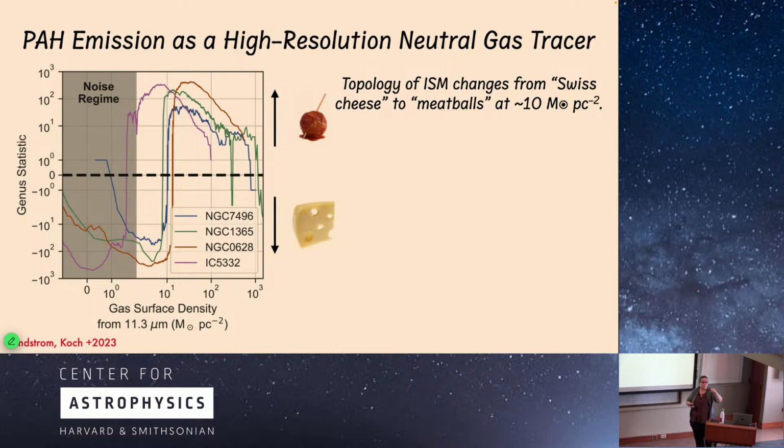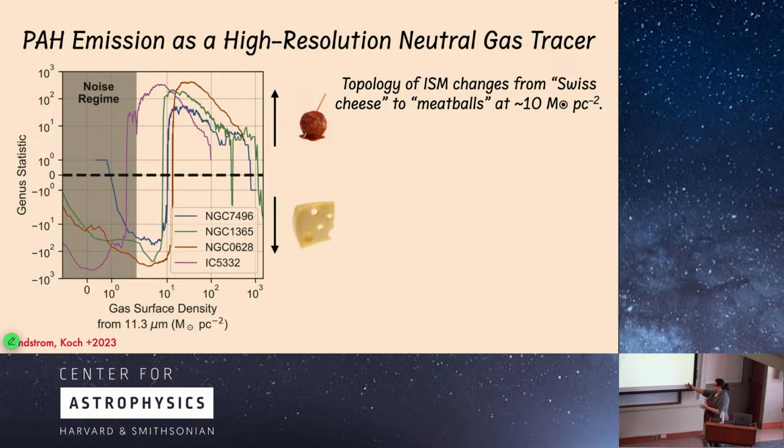And you have bright sources as well. So Eric, who knows a ton about different topology statistics for galaxies and finding filaments and all kinds of interesting stuff, suggested using this statistic called the genus statistic, which tells you at a given surface brightness level in the galaxy whether it looks like holes or like sources.